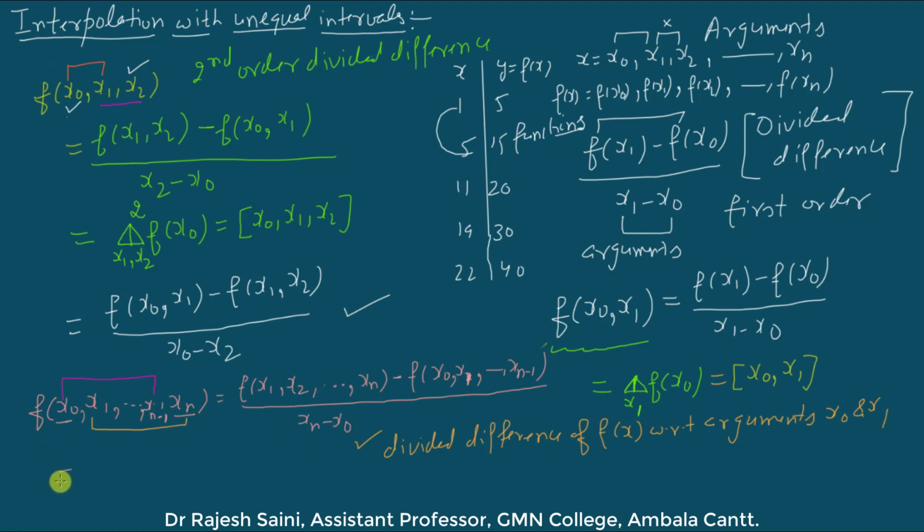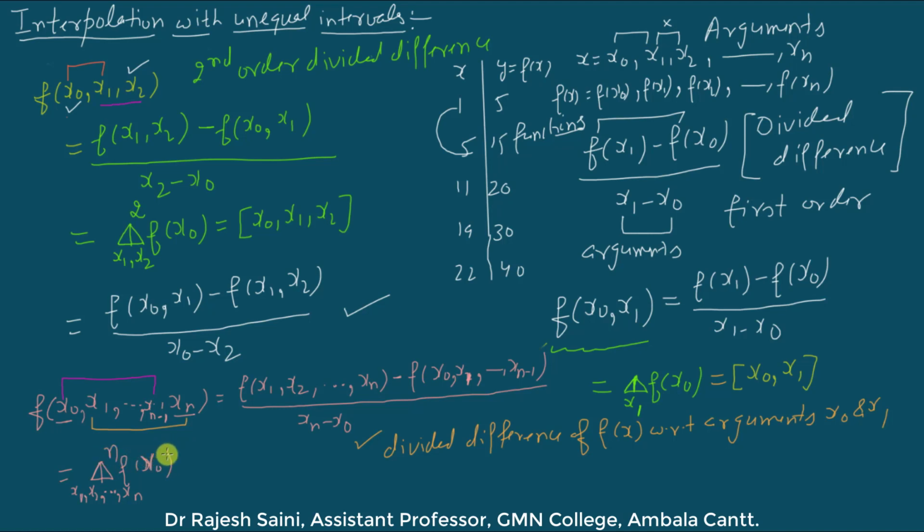This is also written as delta nth order f of x0, x1, x2 up to xn.